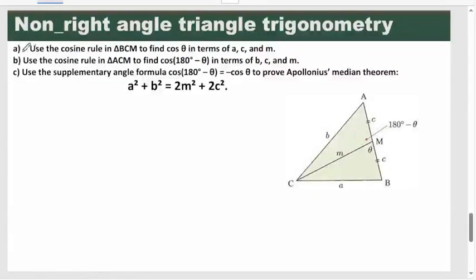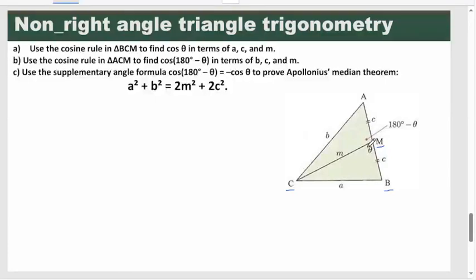It says for part A, use the cosine rule in triangle BCM to find cosine of theta in terms of A, C, and M. Here is C, B, M in this triangle.